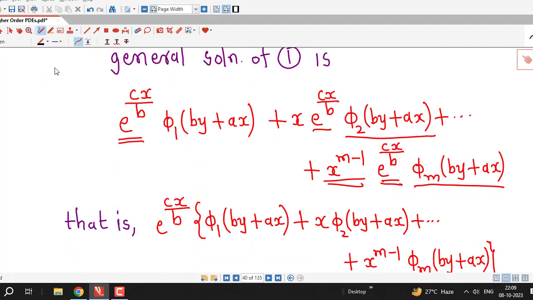Therefore we can rewrite this in this form also: e raised to cx over b times phi 1 plus x into phi 2 up to x raised to m minus 1 times phi m.